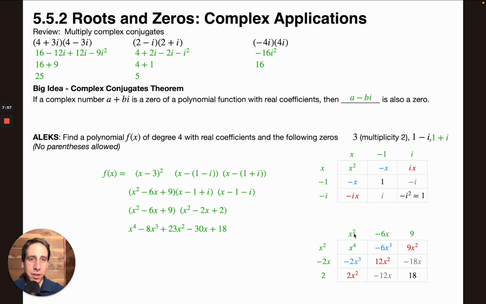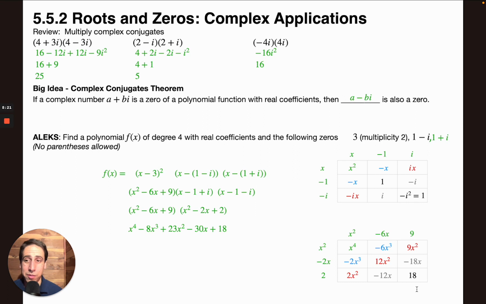And then minus 2x times x squared is minus 2x cubed. Negative 2x times negative 6x is positive 12x squared. Negative 2x times positive 9 is negative 18x. 2 times x squared is 2x squared. 2 times negative 6x is negative 12x, and 2 times 9 is 18.